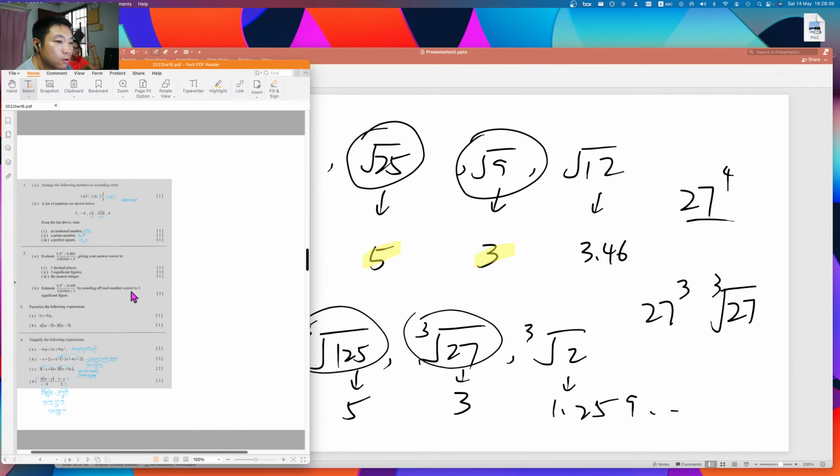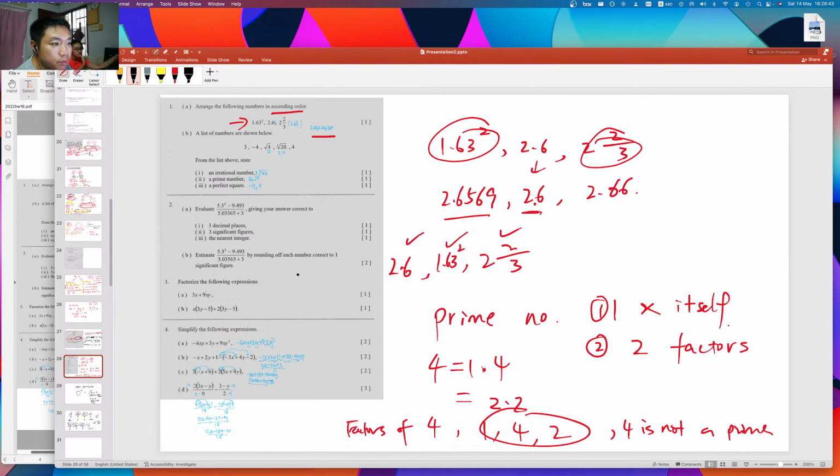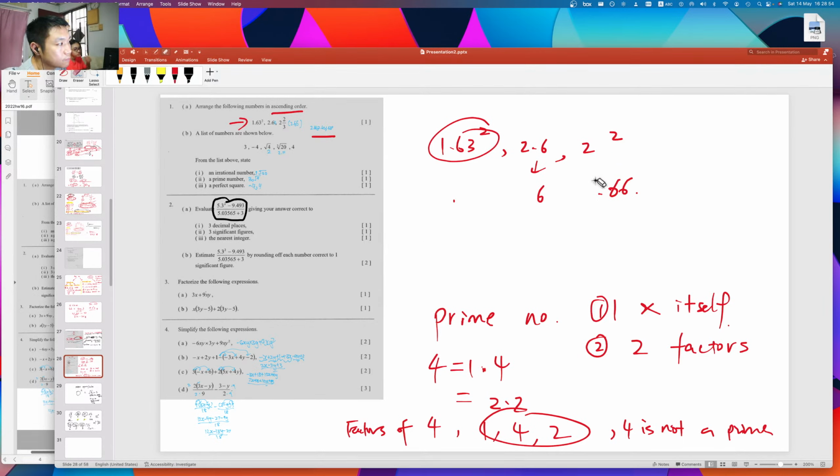Then okay, good. So next, question two is very simple. For question 2, you just have to key this into the calculator. Can you key this into a calculator? Just let the calculator give you the answer.